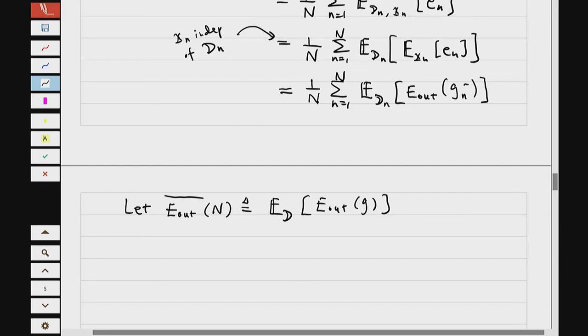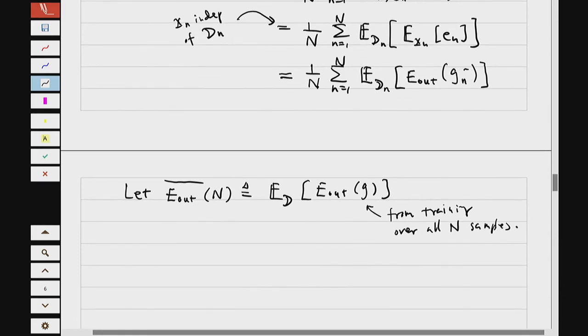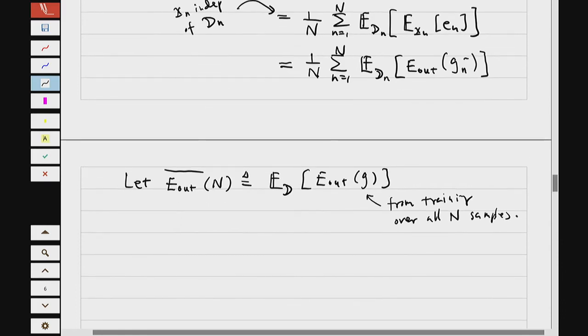We put the n here because this g is trained on n data points. That's how we define this bar E_out, the average test error, averaged over the training samples that you have.